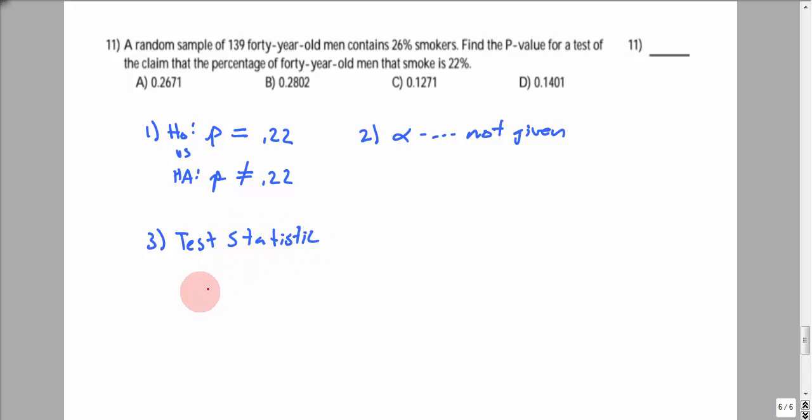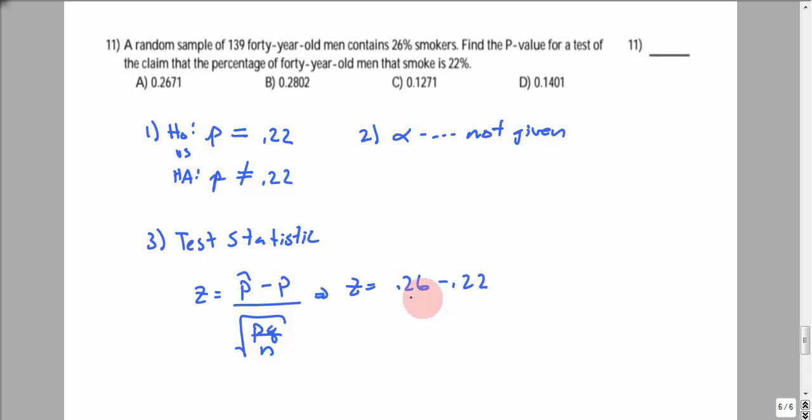So the test statistic is the same as ours was last time, z equals p hat minus p divided by the square root of pq over n. So p hat in this case is 26%. They give us that value. So 0.26 minus 0.22. Now my denominator, 0.22, 0.78 for q, and then my sample size was 139.